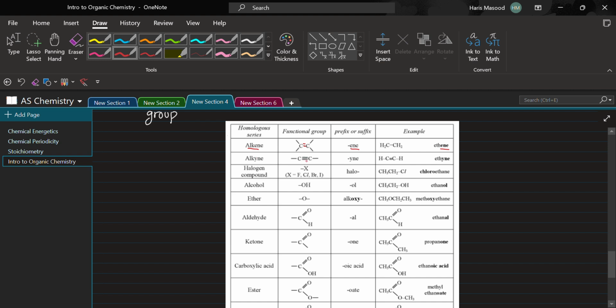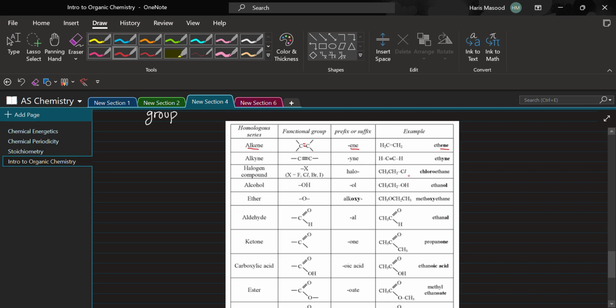Alkyne is not included, but you should know that alkyne means triple bond between two carbons. But it is not included in our organic section. For the halogen, halogen means that you are attaching an X, where X is a halogen compound, group 7, and you make it like chloroethane.